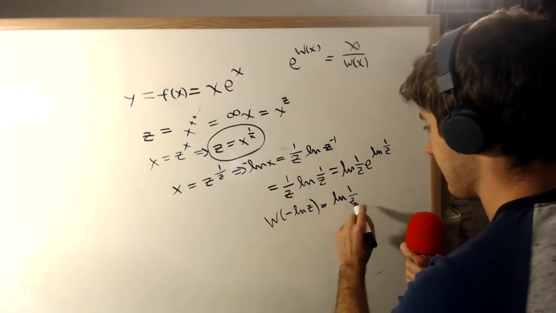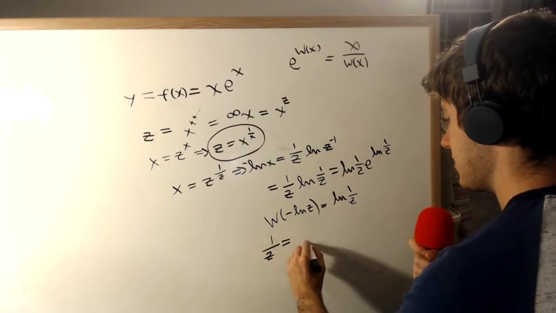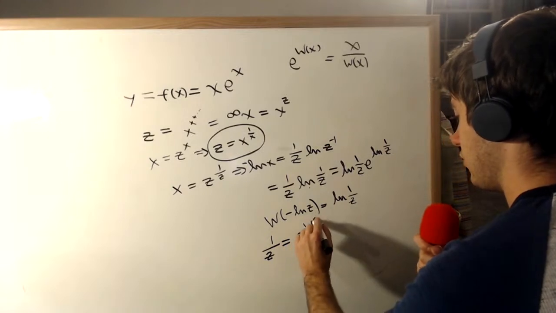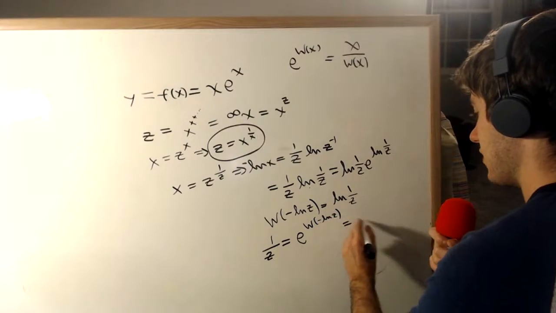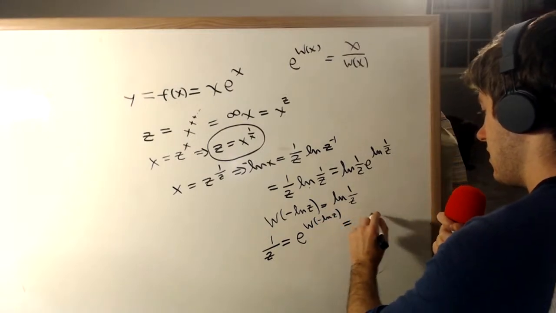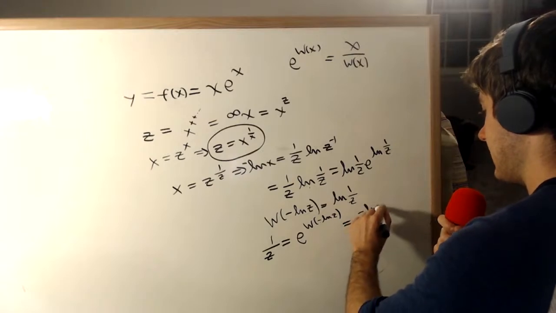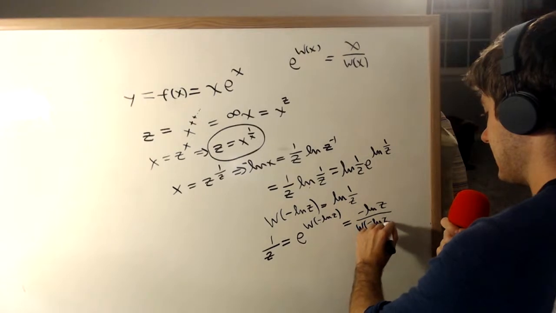So we get 1 over z from here is equal to e to the W of negative ln z, which is, of course, equal to negative ln z over W of negative ln z.